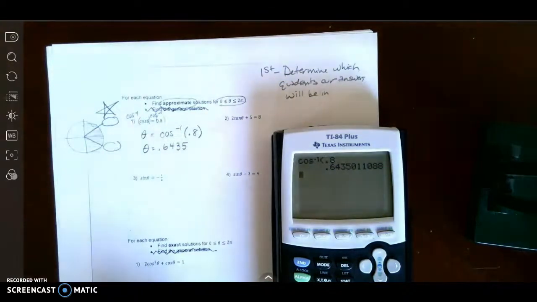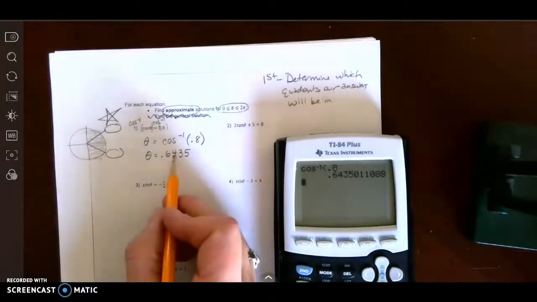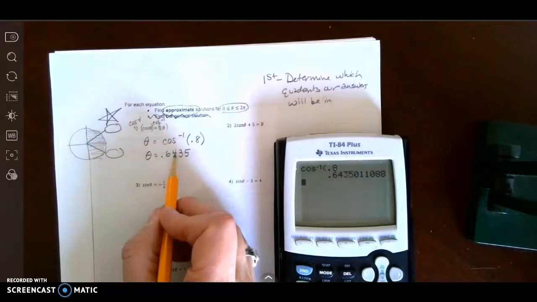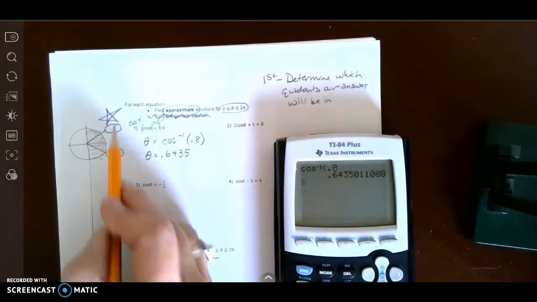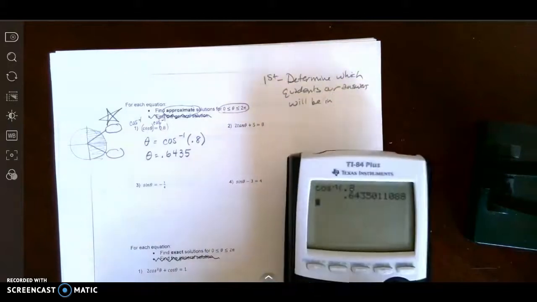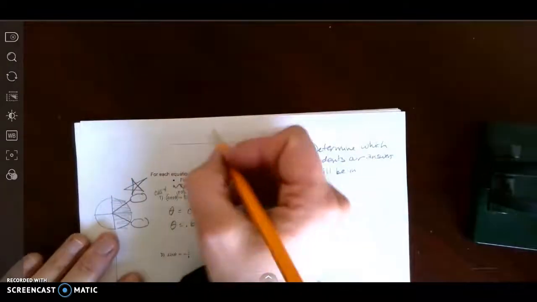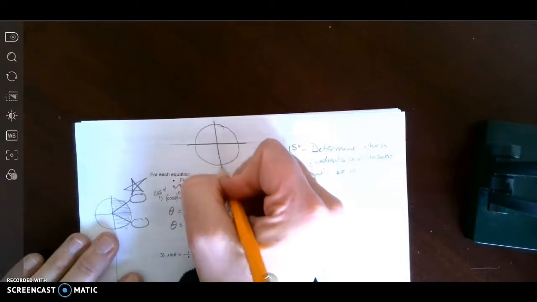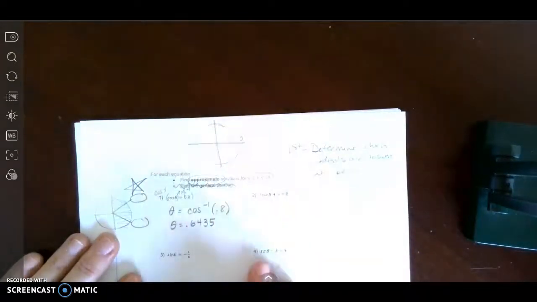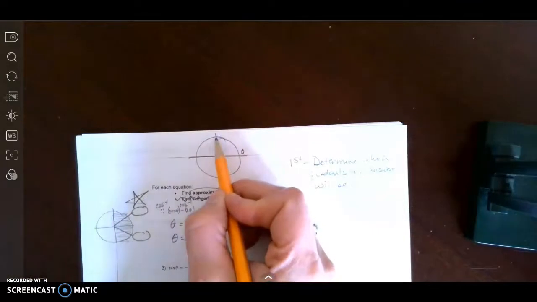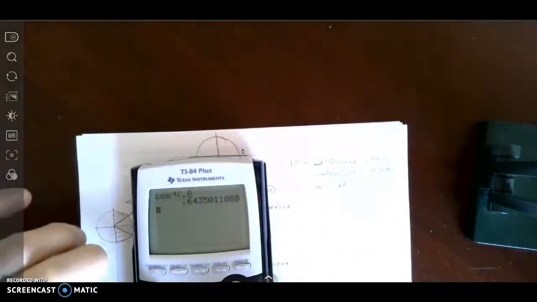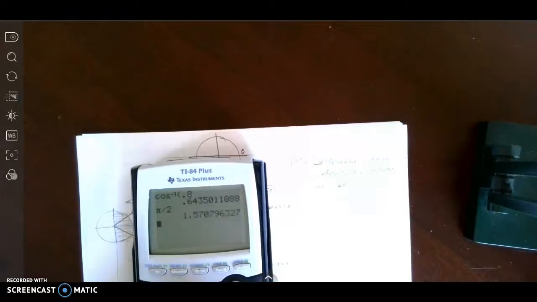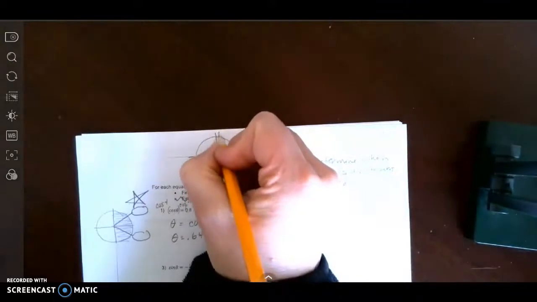Okay. So this answer right here, 0.6435, I've got to think to myself, where is that going to be? Well, in order to know that, I'm going to draw a little picture up here of the unit circle. This is 0. Now these are going to be approximations. This is pi over 2, approximately 1.57.